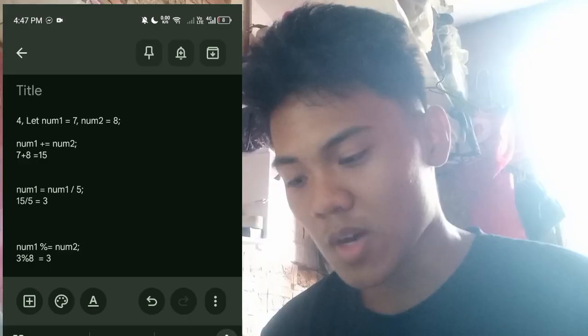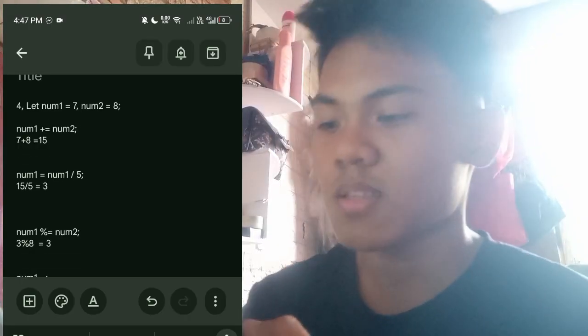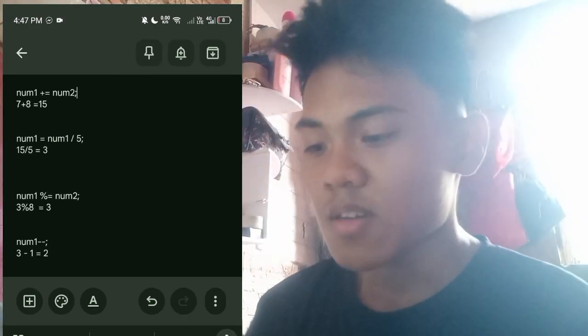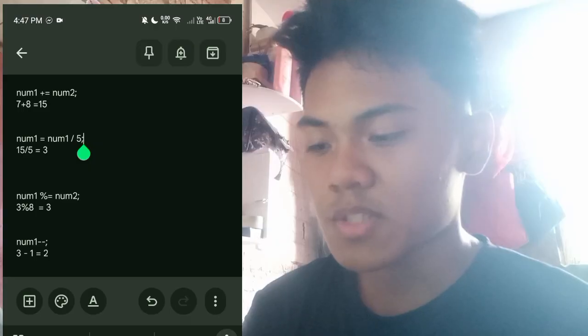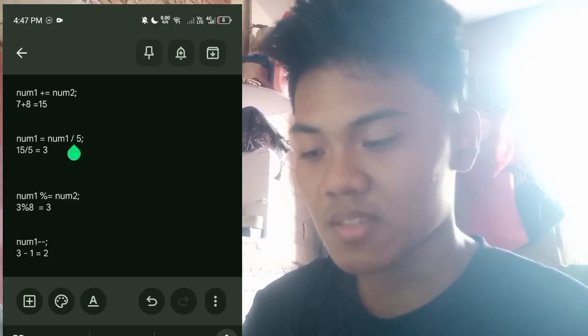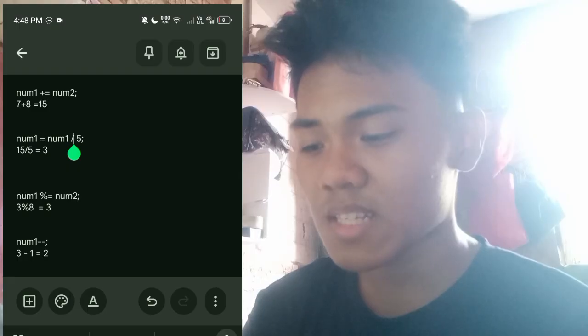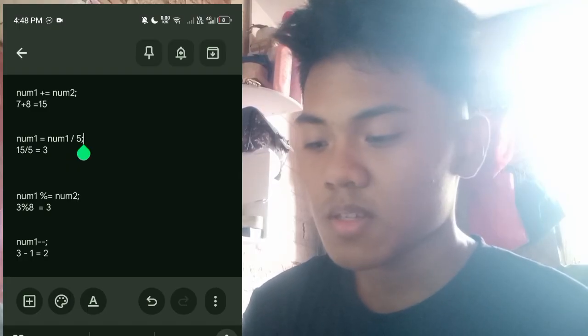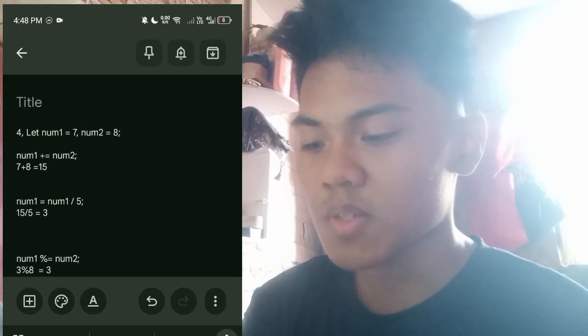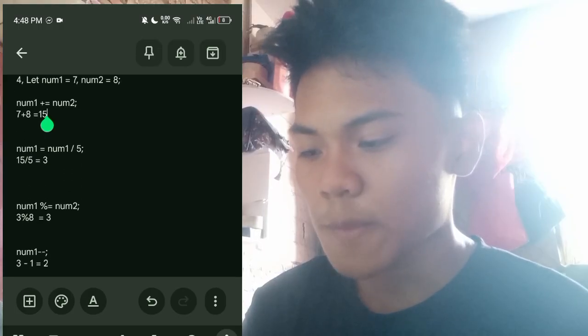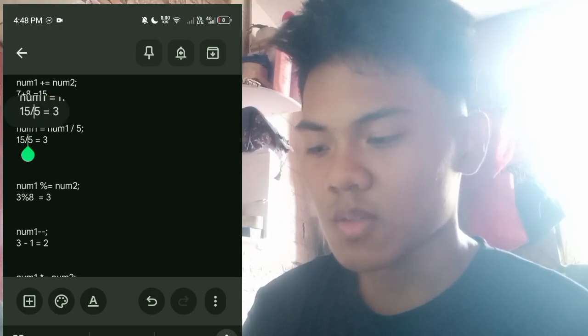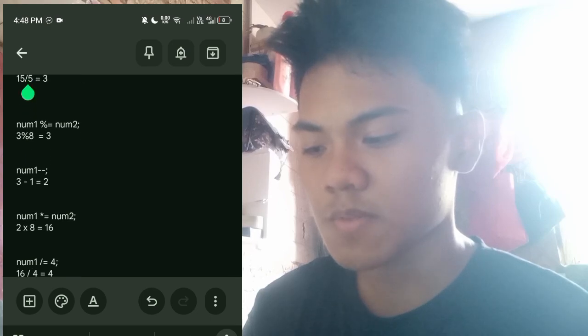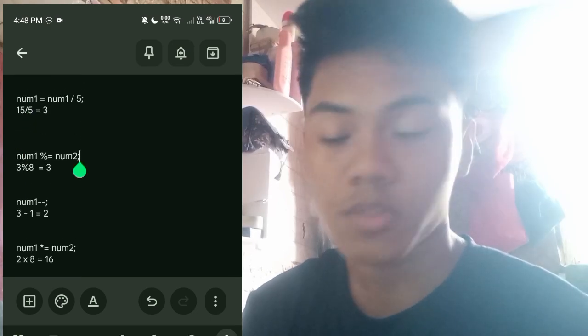Then num1 equals num1 slash 5, and don't forget that the slash is divide. So since we computed num1 to be 15, we put the answer here, 15 divided by 5 equals 3.